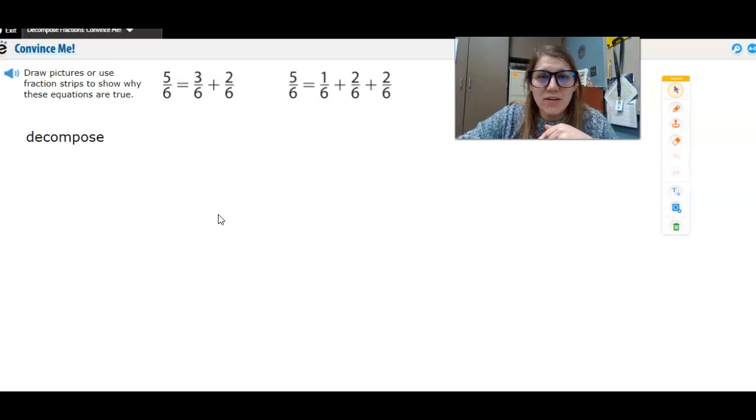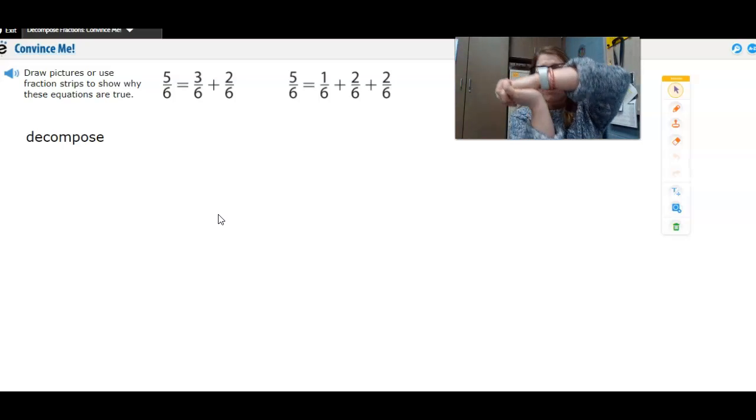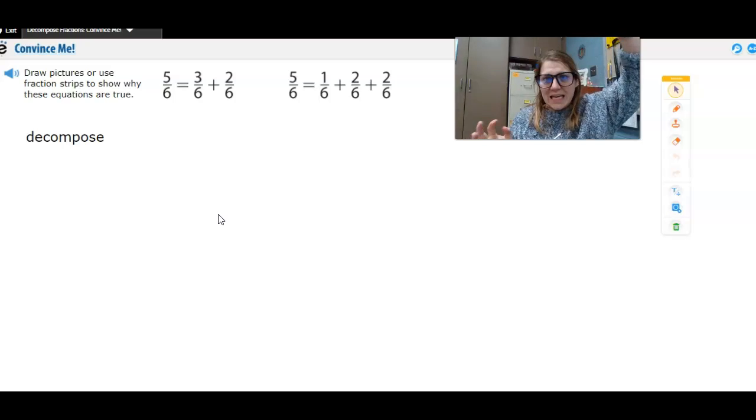So when we think about this word decompose, what I am doing is taking the fraction that I have. Here's my one fraction, right? Numerator, denominator, so it looks like this. And I am breaking it apart, okay? When I say decompose, I mean break it apart.